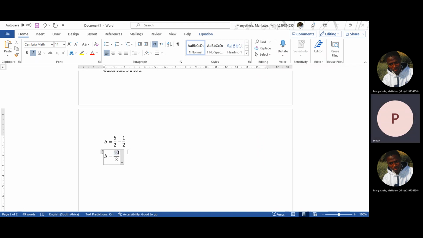Then 2 times 2 is 4. So 10 minus 2 over 4, which is 8 over 4, and 10 minus 2 gets 8.